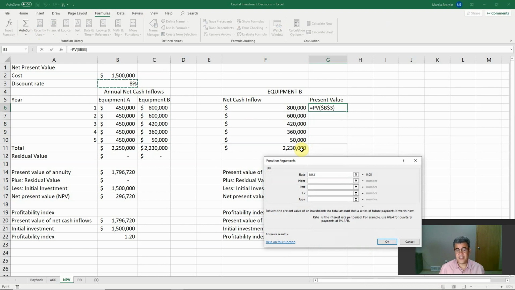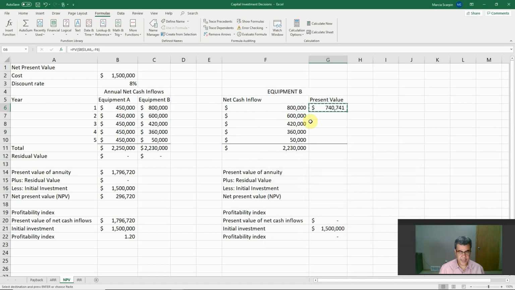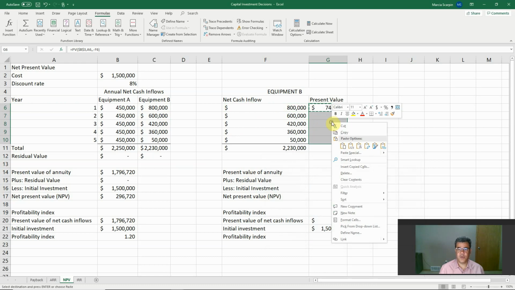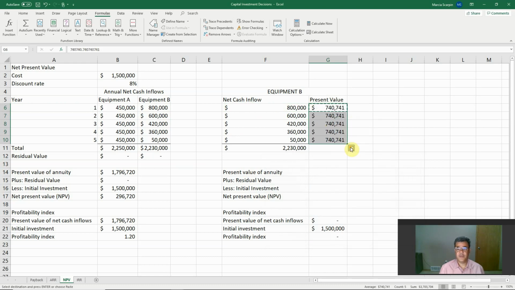Let's fix it because we will be copying and pasting this formula. Number of periods, the first year will be 1, second year 2, 3, 4, 5. No fix here. PMT, nothing. We consider the future value, so future value is here. And now we copy and paste this formula until year 5.